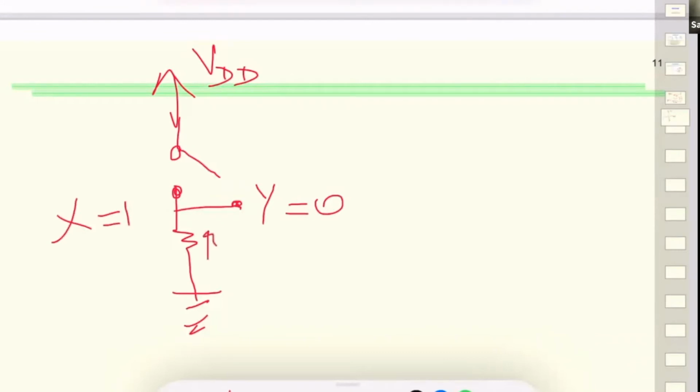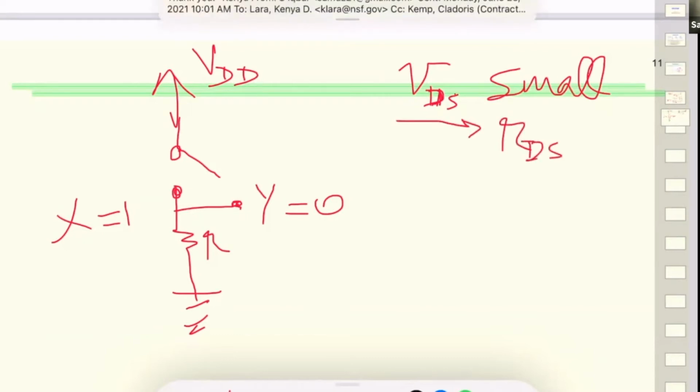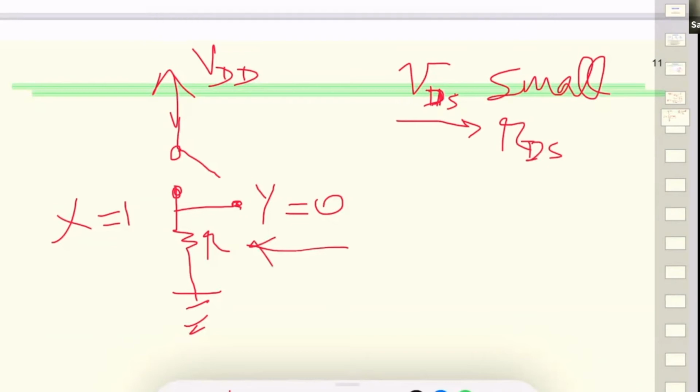And here is what, if you remember, we had this small VDS signal when we were doing MOSFETs. This is something we write as RDS. We can find out what its value would be. They write R on in the book, but this is the same thing we have studied before: how do we find the drain to source resistance if we have to?